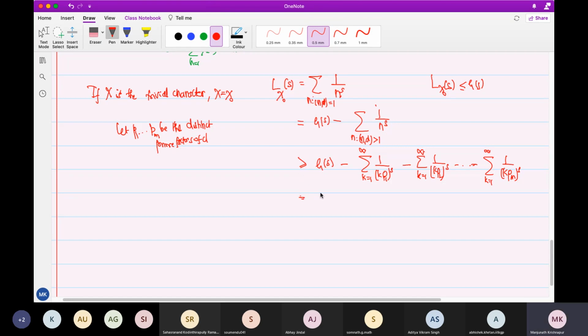But this is actually what it is, zeta of s. If you pull out 1 by p to the s, what you are left with is zeta of s. So it is 1 minus 1 by p1 to the s minus 1 by p2 to the s minus dot dot dot minus 1 by pm to the power s.